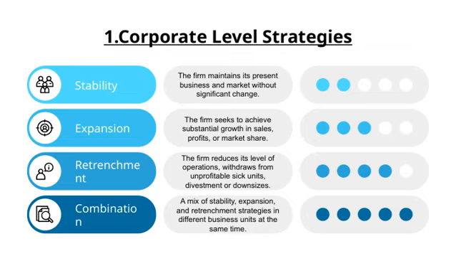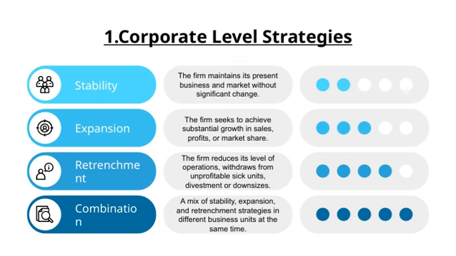It's a steady approach, often used when the environment is stable and the company wants to focus on consolidating its position. Then there's the combination strategy, where a company employs different approaches simultaneously across various business units. So, some units might be expanding, others maintaining stability, and some retrenching. It's a flexible way to manage diverse situations within the same organization. Finally, we have expansion.